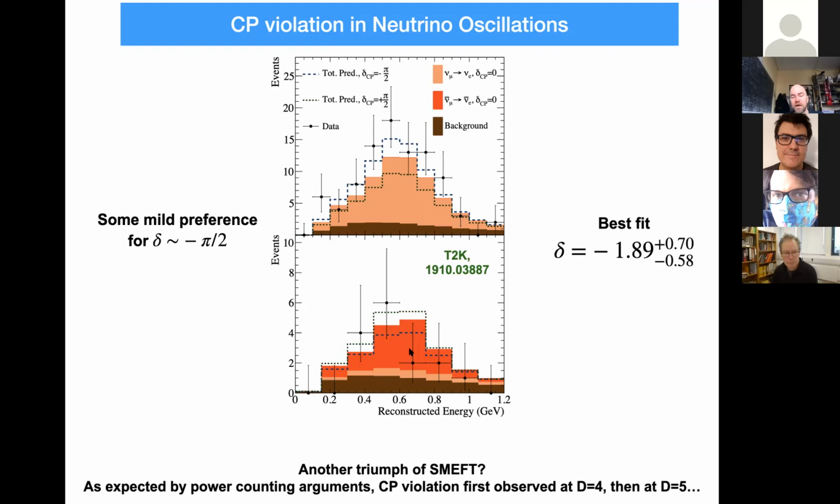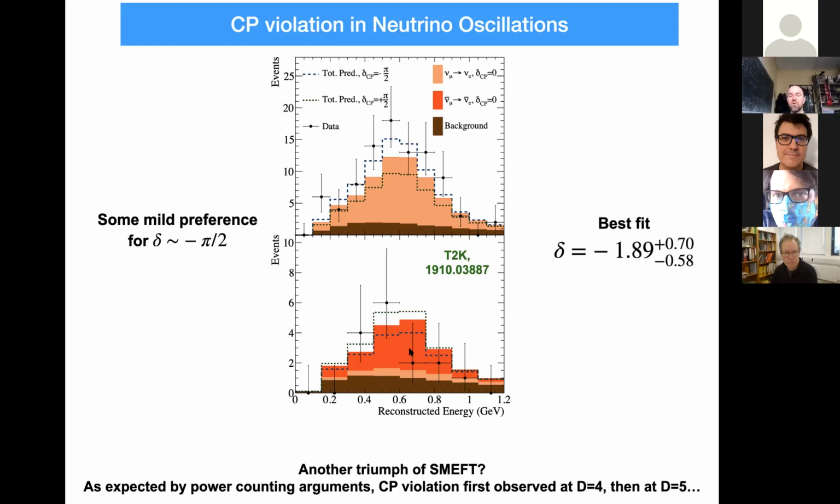So neutrino masses were already a big triumph, but at the time of the discovery, because the mindset was a bit different, it was not stressed that this is the case. But this is what we expect from the SMEFT, that we have this hierarchy of different operators.